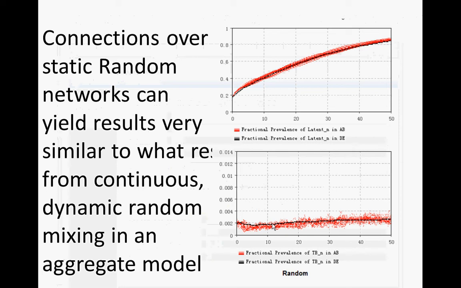So when we introduced models using system dynamics modeling, aggregate modeling, we had a random mixing assumption. Who can remind me what the random mixing assumption was there for infection spread? Where did that come in?